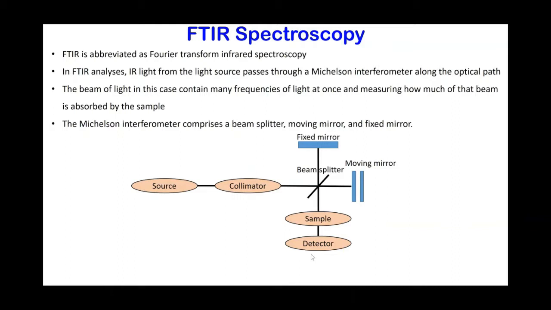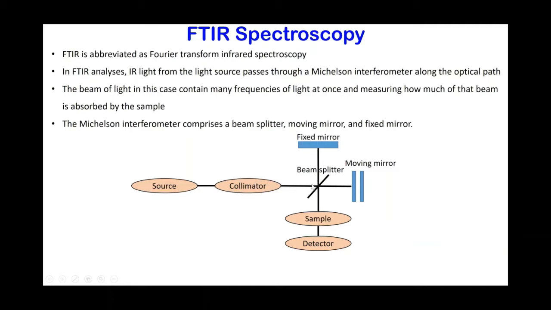Commercially available spectrometers usually use the Michelson interferometer, which has a variety of scanning mechanisms to generate the path difference. In a typical Michelson interferometer, which is represented here and is commonly adapted for FTIR, the light from the polychromatic infrared source is collimated and directed to a beam splitter.